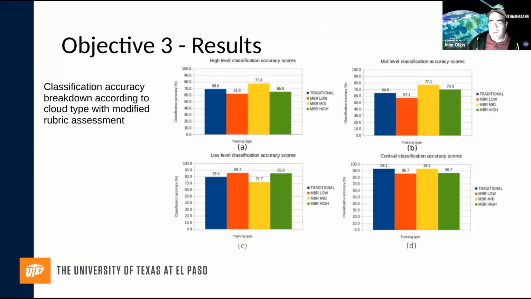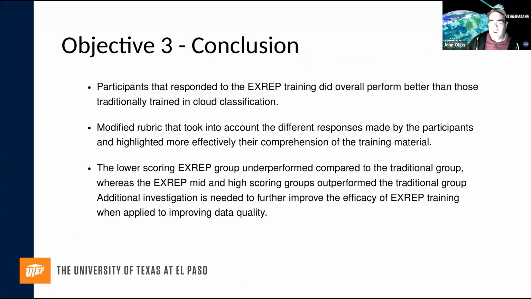I'm going to skip to this other part as far as the overall conclusions from this.